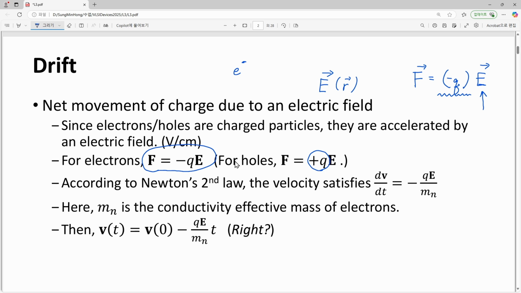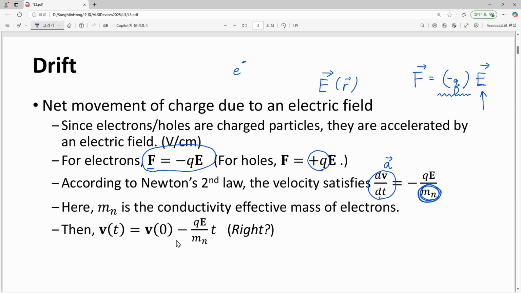According to Newton's second law, since we have the force, this is related to the acceleration. Acceleration is given by force divided by effective mass, corresponding to the acceleration vector.